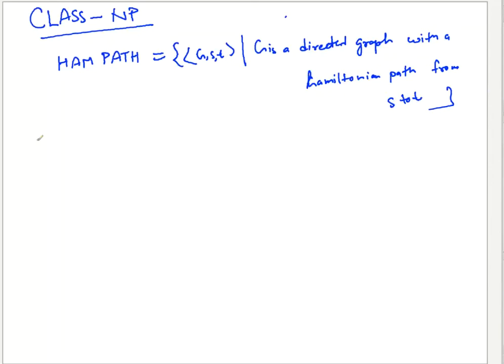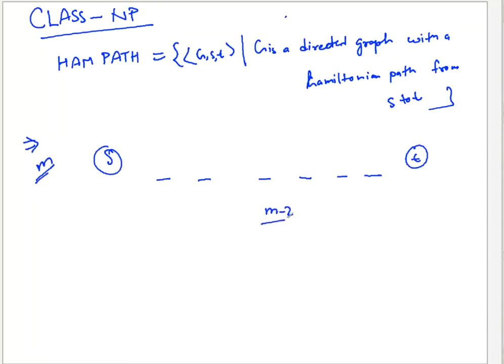Now again, the brute force way is very similar to what we had for path. You fix node S, you fix node T, and then for all possibilities, you place the nodes in the placeholders. If M is the number of nodes, you have M minus 2 placeholders where you place the nodes.